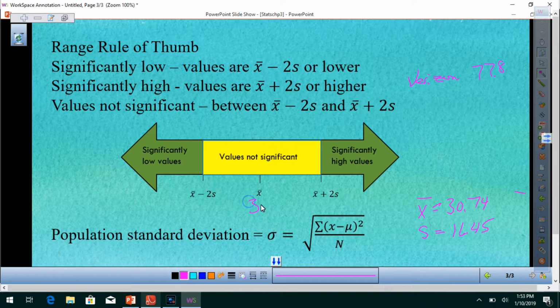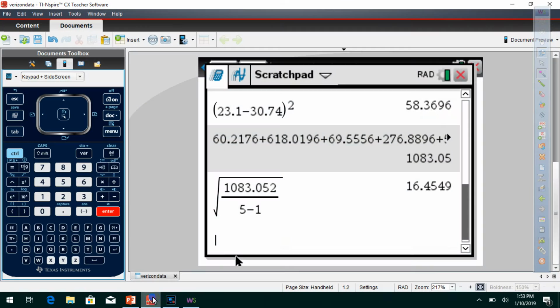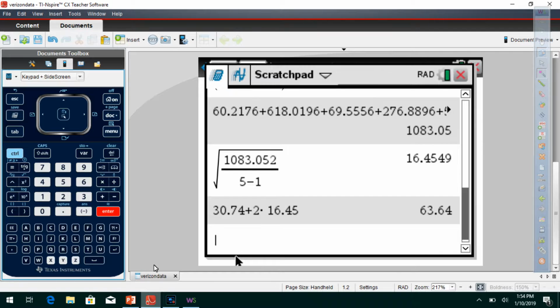X bar is 30.74, so the high cutoff is 30.74 plus 2 times 16.45, our standard deviation, and that gives us 63.64.